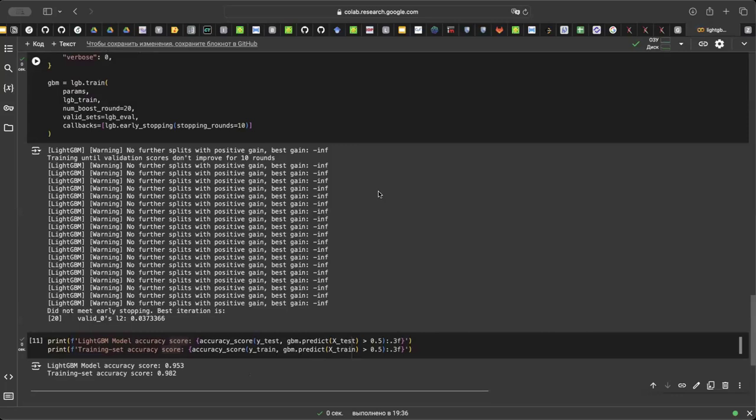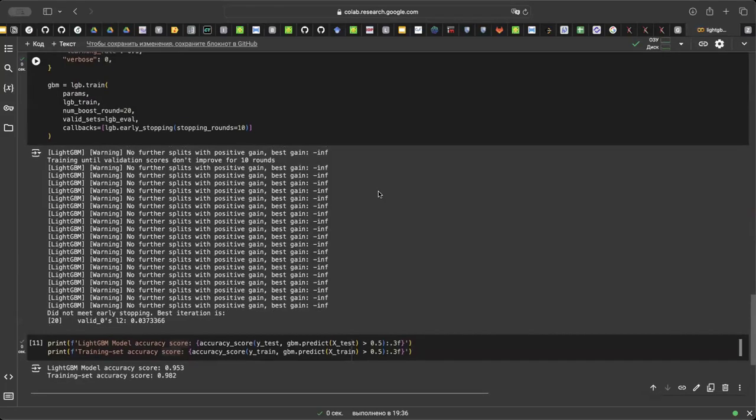Okay, so on test we have 0.95 and on train we have 0.98.